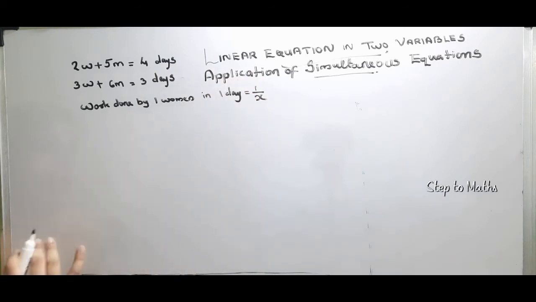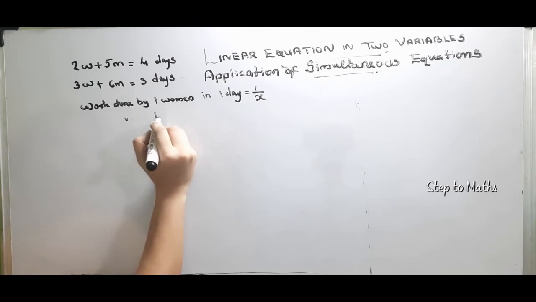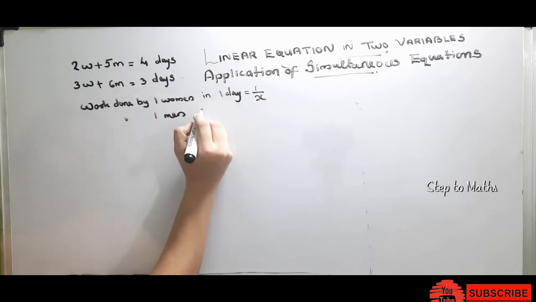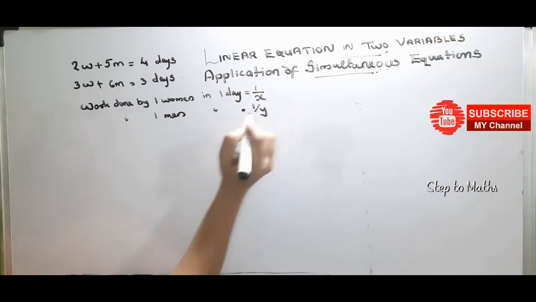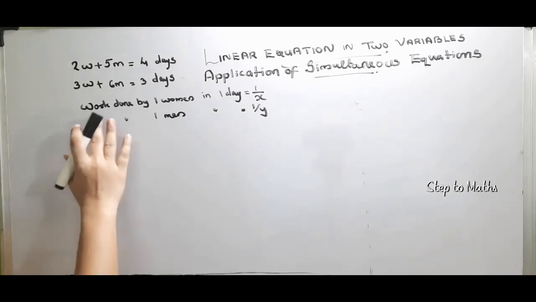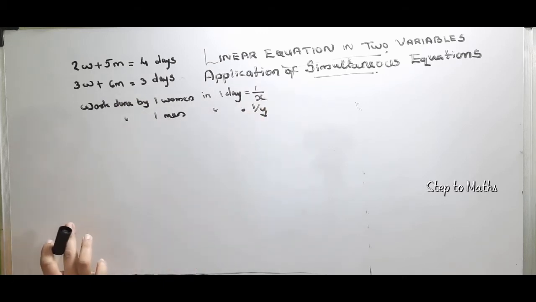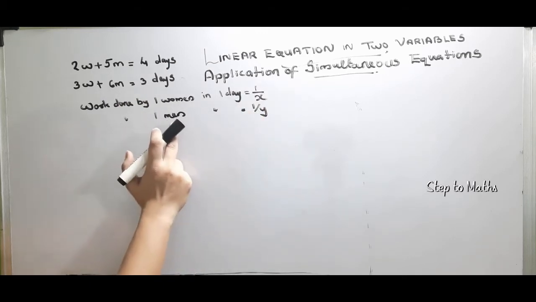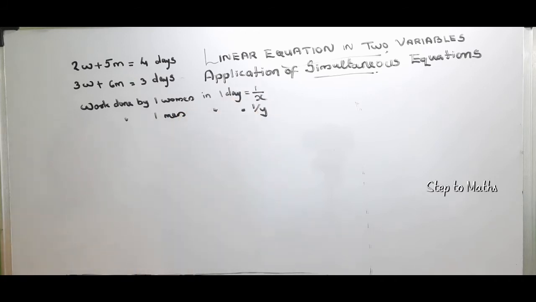Similarly, the work done by one man in 1 day is taken as 1 by y. First, our substitution: work done by one woman in 1 day is 1 by x, work done by one man in 1 day is 1 by y.